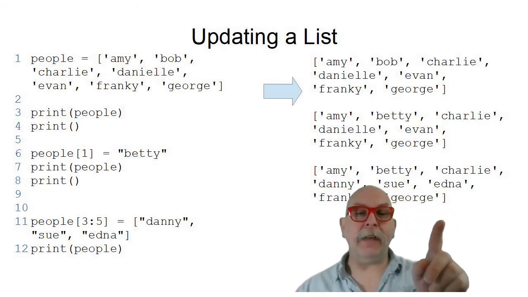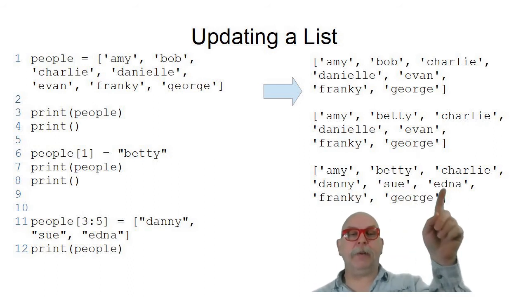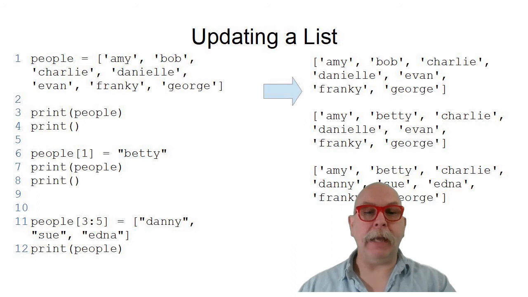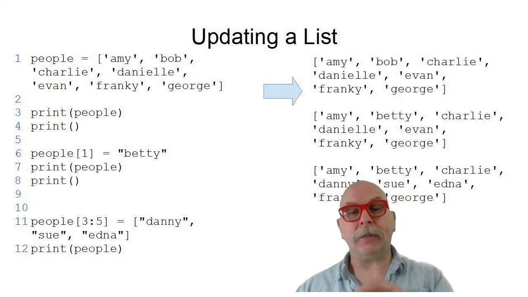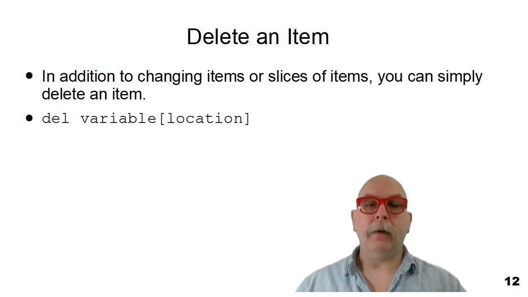So you can see that Danielle and Evan are now not in the list, but Danny, Sue, and Edna are. Really powerful to be able to modify individual items in a list and modify slices in a list by inserting or by replacing it with another slice.